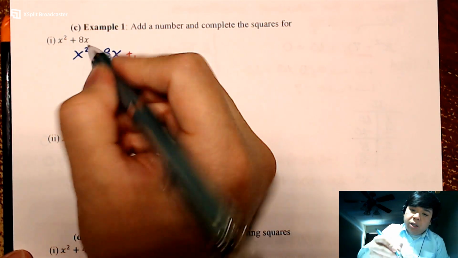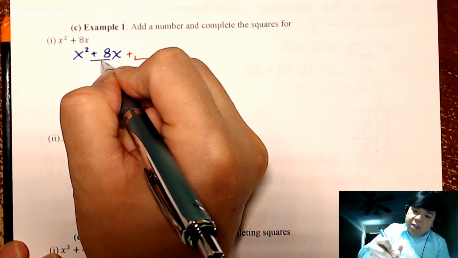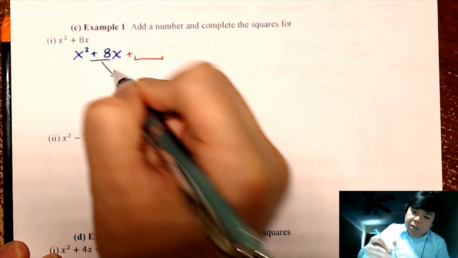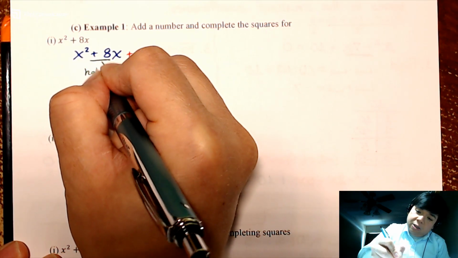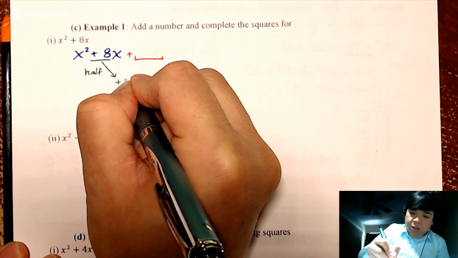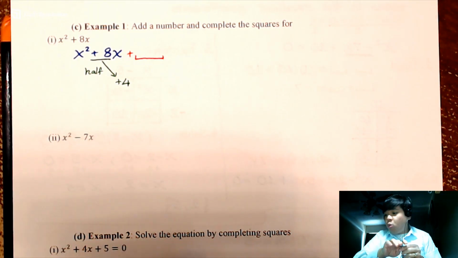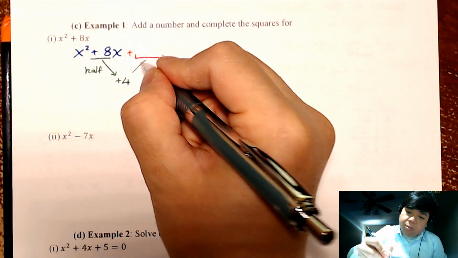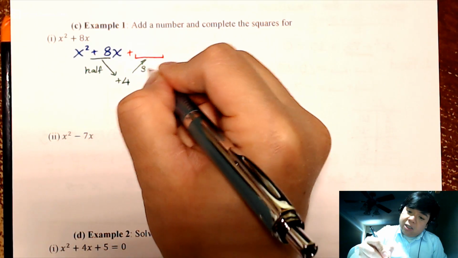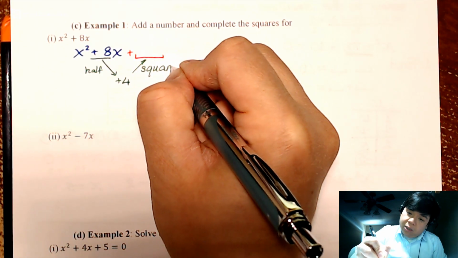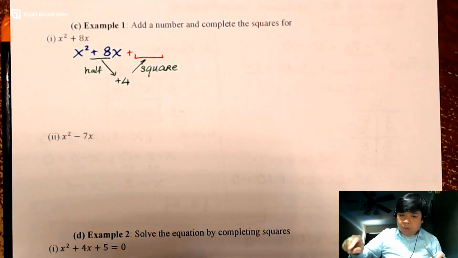And to find that something, first we're going to take half of this, half of the middle coefficient. That is the plus 4. And then we will square it. 4 times 4 is 16. So we're going to add 16.